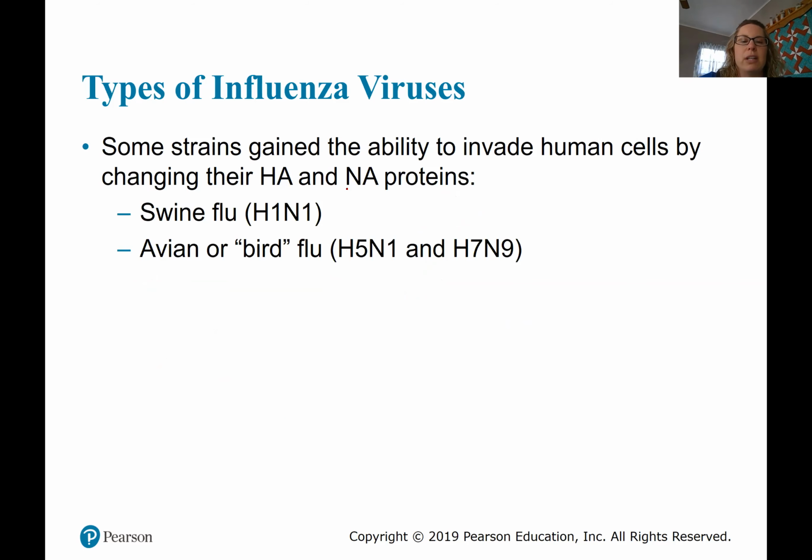Okay, so we mentioned H1N1 is the swine flu. The avian or bird flu ones are the H5 and H7 strains. So H5N1 and H7N9 are found in birds.